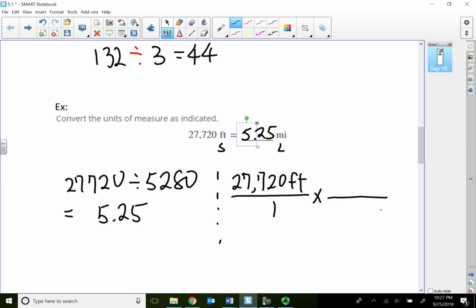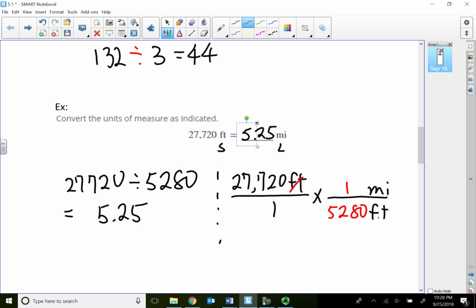You need to put feet in the bottom, so the top feet and bottom feet can cancel out. On my formula sheet, I'm allowed to convert from feet straight to mile. And once I know I can convert straight to mile, all I'm going to do is write down my conversion numbers. Remember, it says 1 mile for 5280 feet.